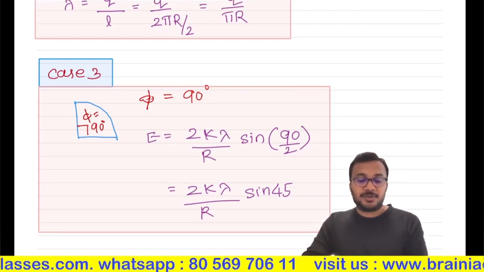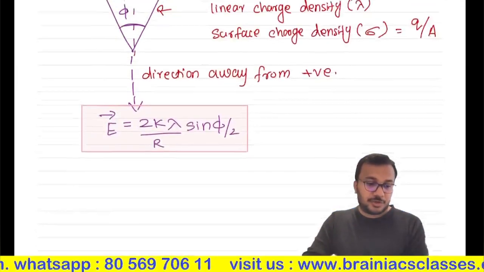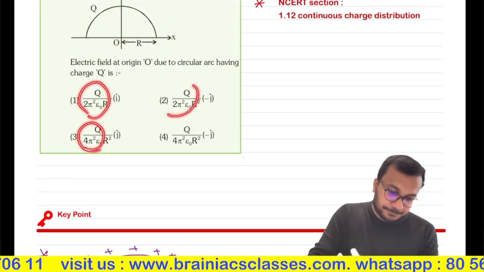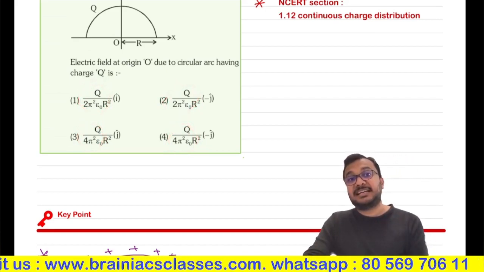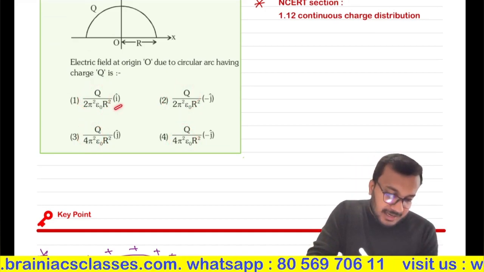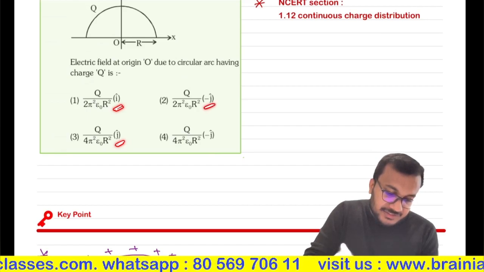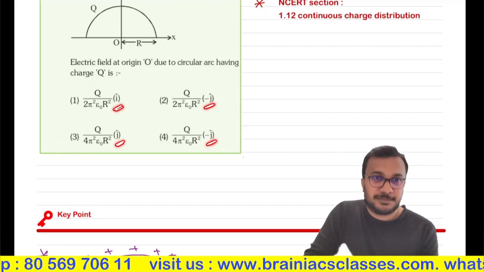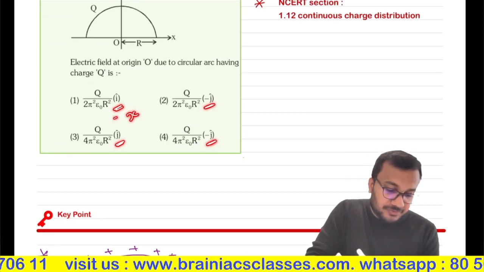Okay, so we can find the magnitude. But if you look at the options, everywhere they have given the magnitude, but additionally they have given i, j, minus j. What is this called? This is called a vector. This means it is a direction. Plus i means positive x.